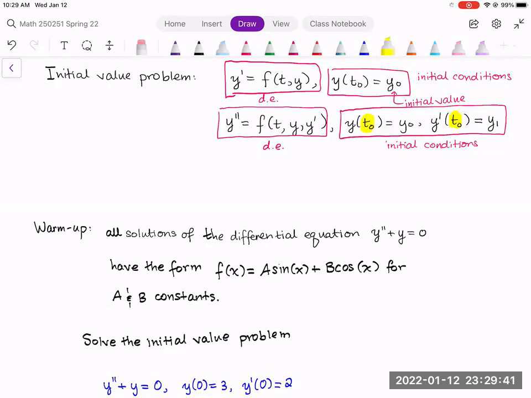And we can think about this from like physics class or Calc 1, where we might know an acceleration. So that's a second derivative. And we're given position and velocity at a particular time and asked to find our function.